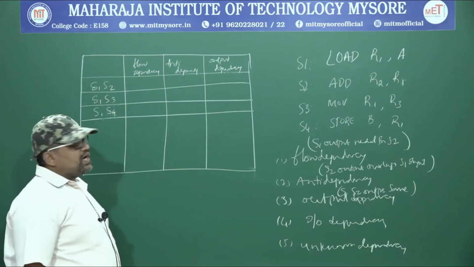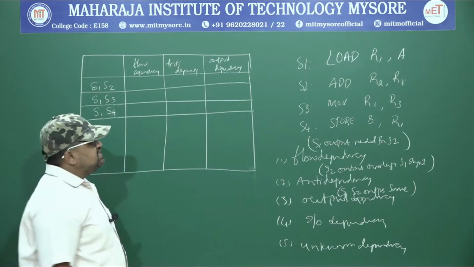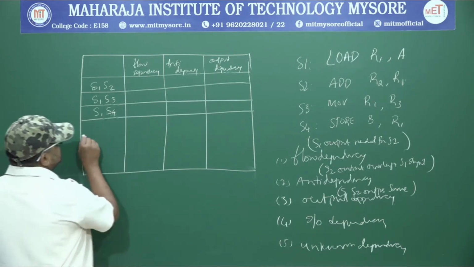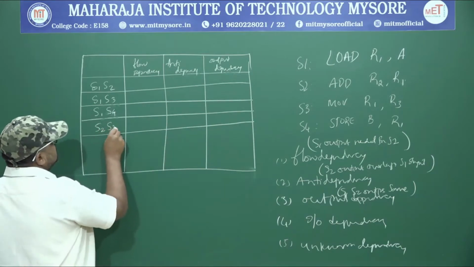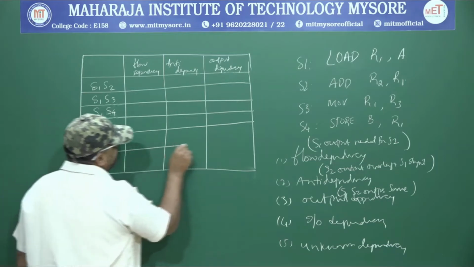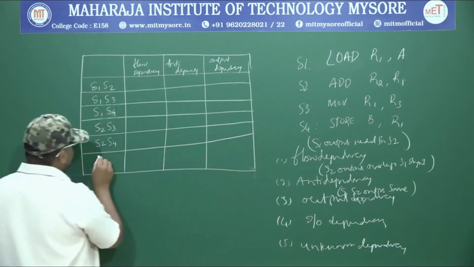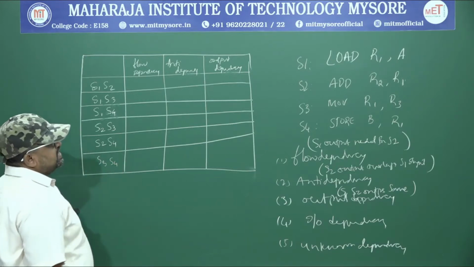So 1 and 2, 1 and 3, 1 and 4. I am finding out the dependency relation. Similarly, then again it is going to be S2, S3, S2, S4. Then again S3, S4.